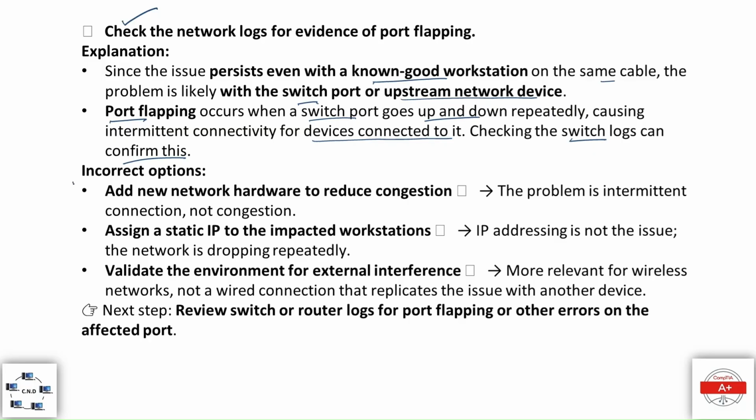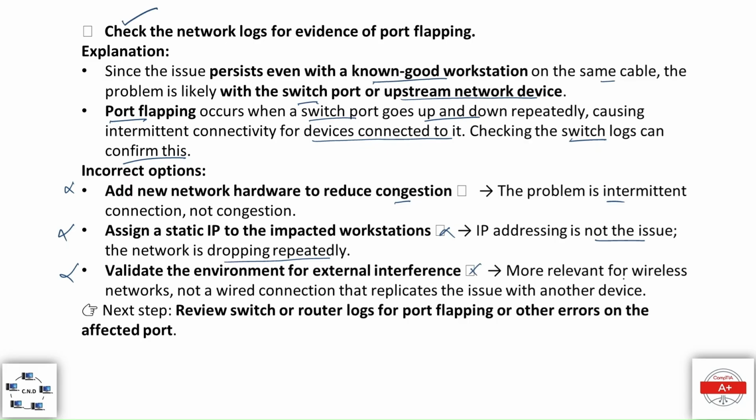So the incorrect options are add new network hardware to reduce congestion. The problem is intermittent connection, not congestion. Assign a static IP to the impacted workstation. IP addressing is not the issue, the network is dropping repeatedly. And validate the environment for external interference.